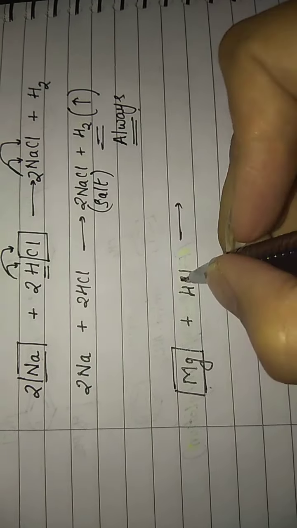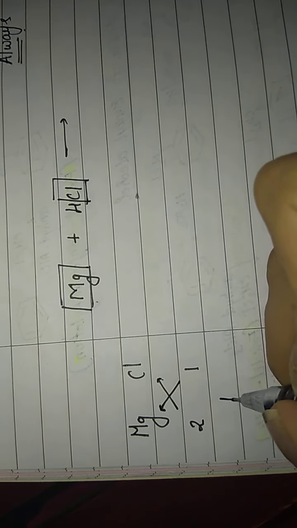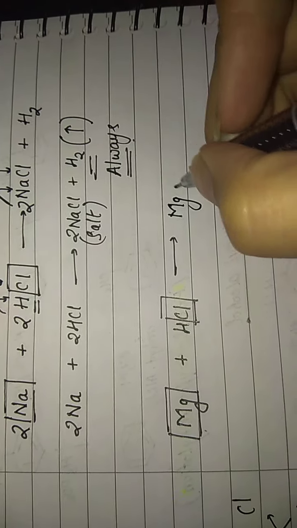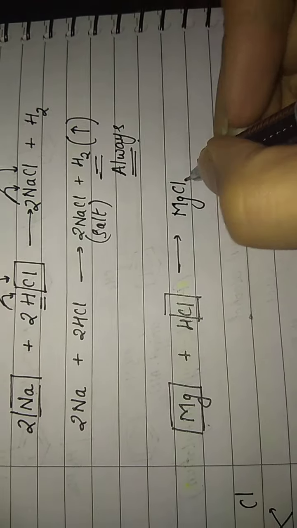What is the formula of magnesium chloride? The valency of magnesium is 2 and the valency of Cl is 1. When you cross multiply, what do you get? MgCl2. So magnesium chloride will be MgCl2. What else is left? H. So I write H here, but in diatomic form.